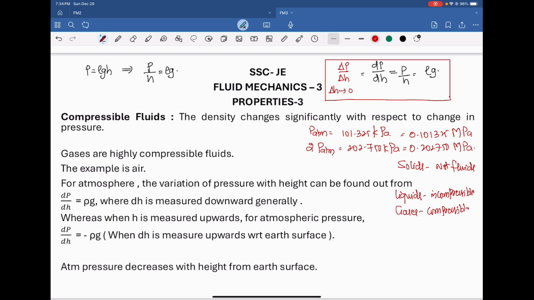Compressible means when you apply a slight pressure, the fluid tends to change in volume. Density is kg per cubic meter.